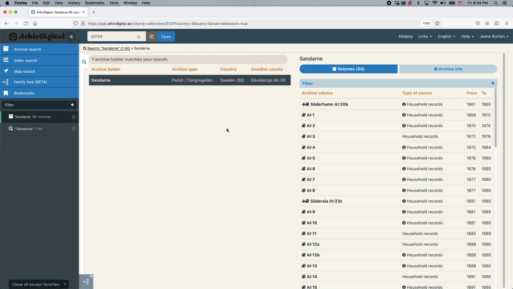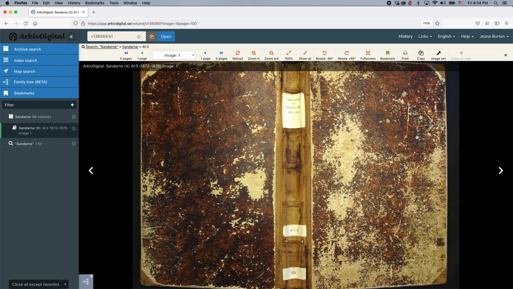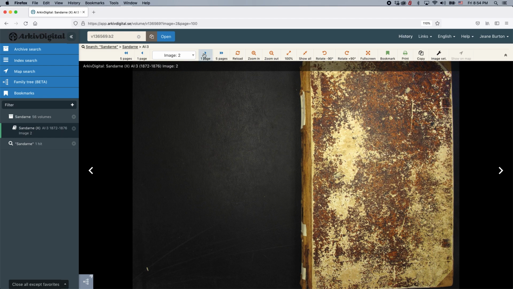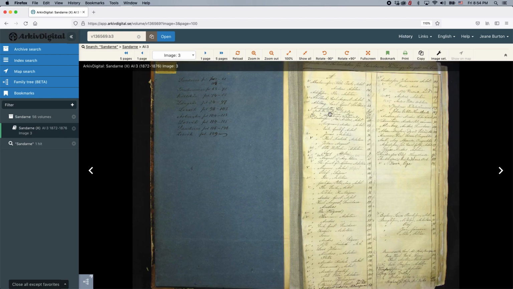Using Hilma's birth date, we're now going to look in the household record to find her family at the time she was born. Remember, she was born in 1872, so we're going to look at A113 right here, where it is in 1872. Always look at the front or the back to see if you can find a register.